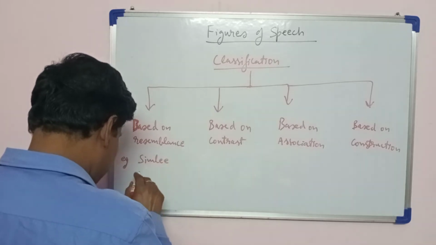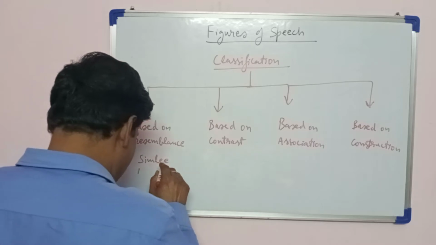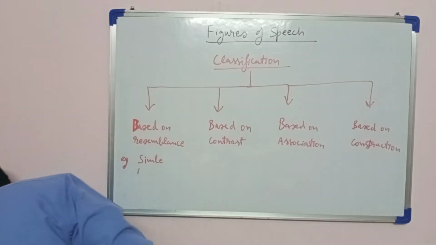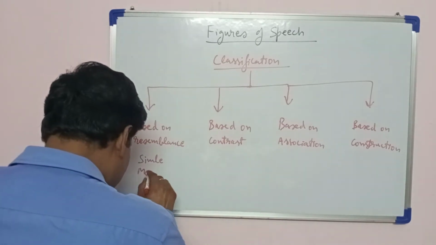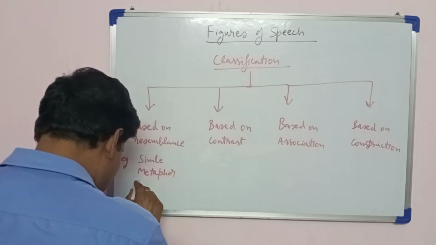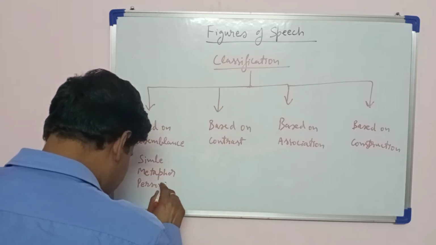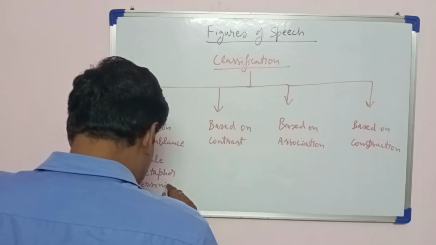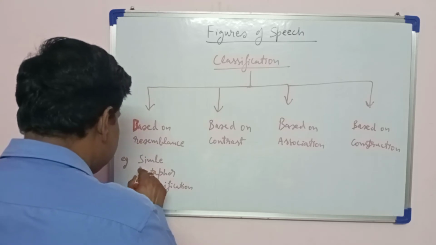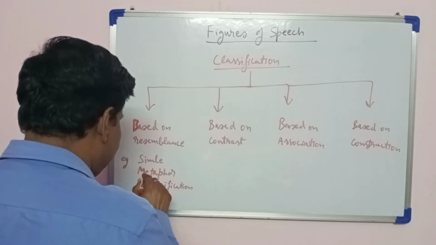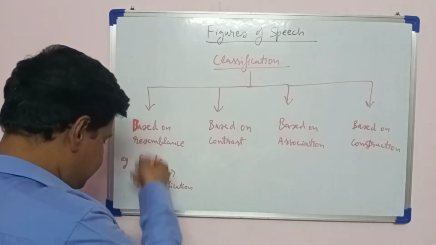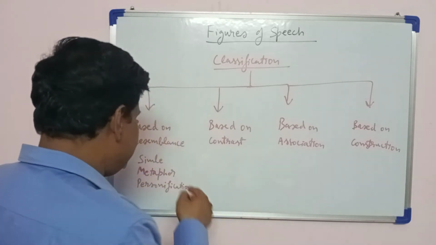The figures of speech in the first category: simile, then metaphor, then personification. These are the examples of those based on resemblance.